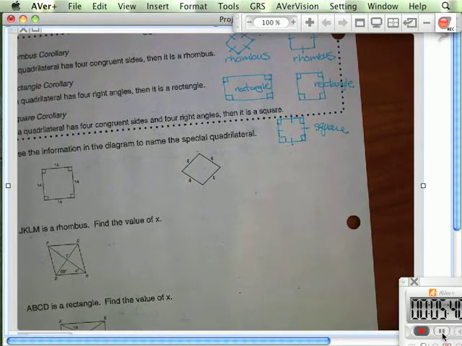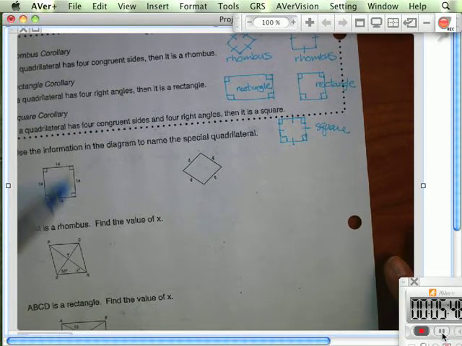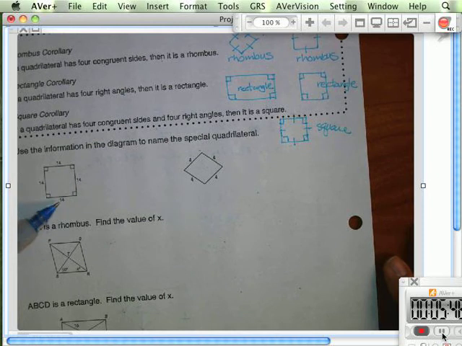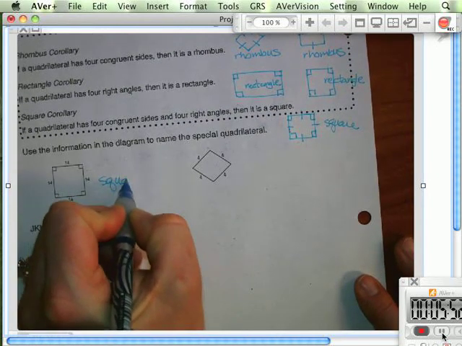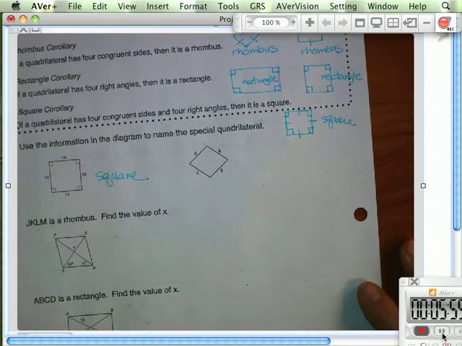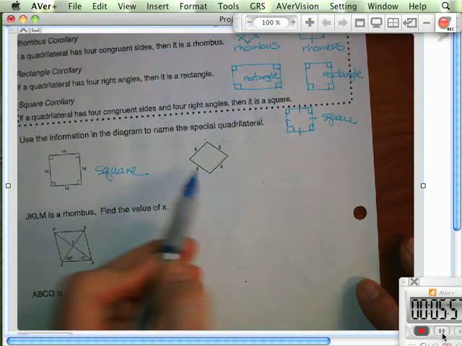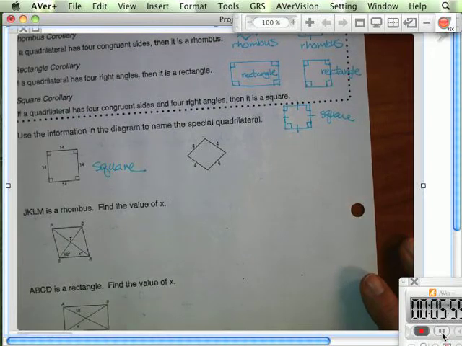All right, use the information in the diagram to name the special quadrilateral. So let's take a look at this. We know there's 4 right angles. We know there's 4 congruent sides. We can call it a what? Square. This one, all we know is what? We only know there's 4 congruent sides.